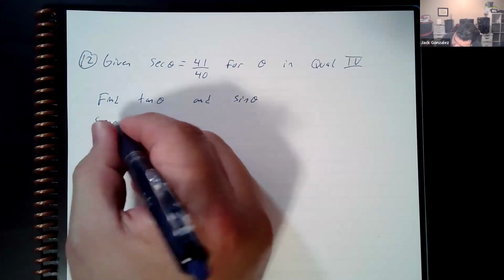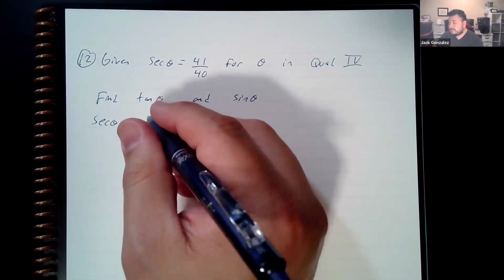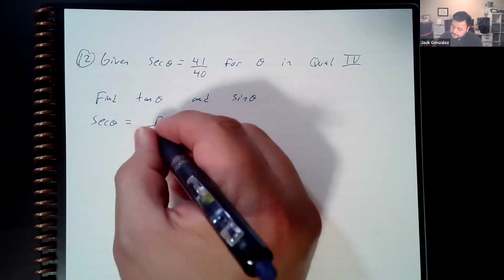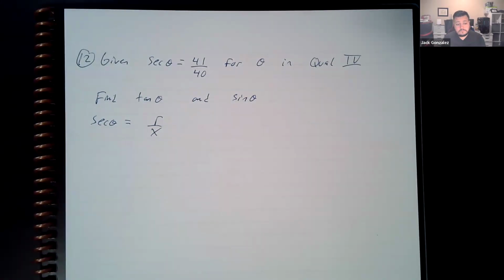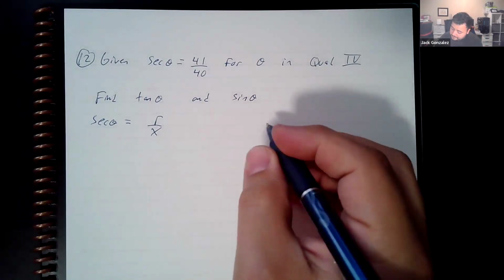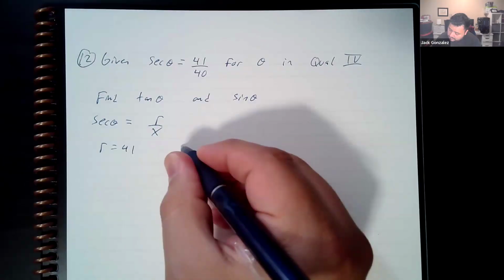So remember that secant theta is, what is it? 1 over cosine, or r over x, right? So r is 41, x is 40.